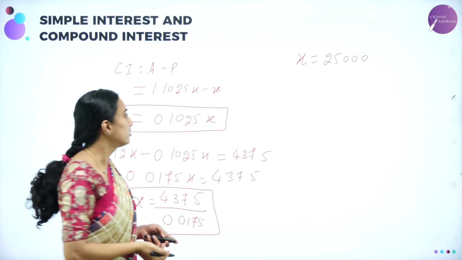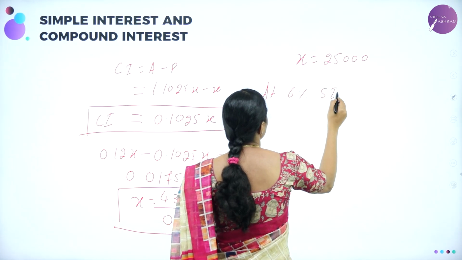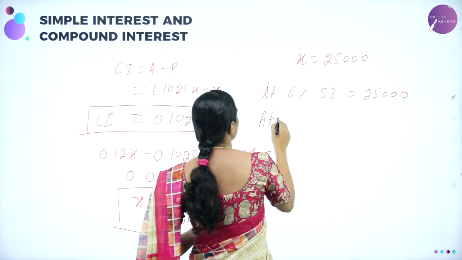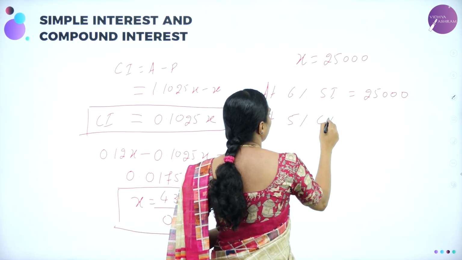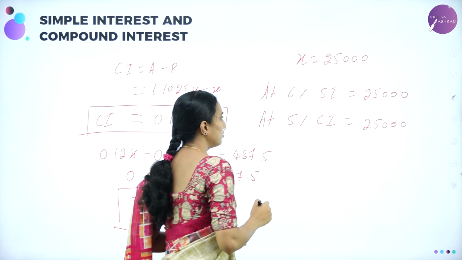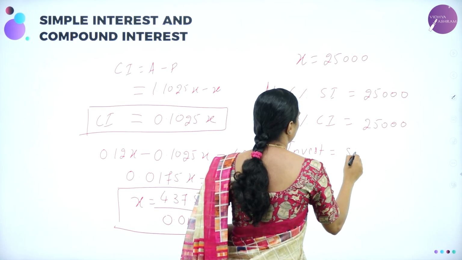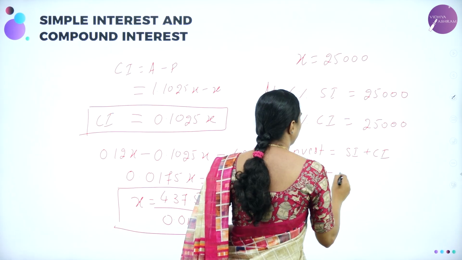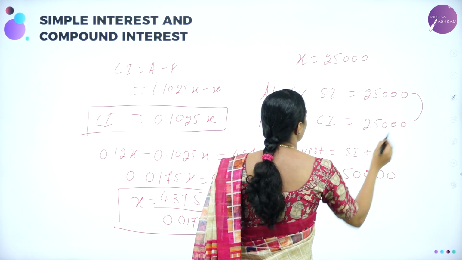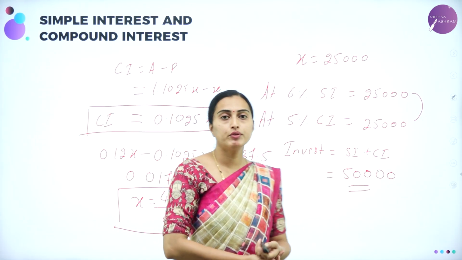So, therefore, he is going to invest simple interest plus compound interest, which will be 50,000, because 25,000 plus 25,000 gives you 50,000. That is your answer. I hope you understood this question.